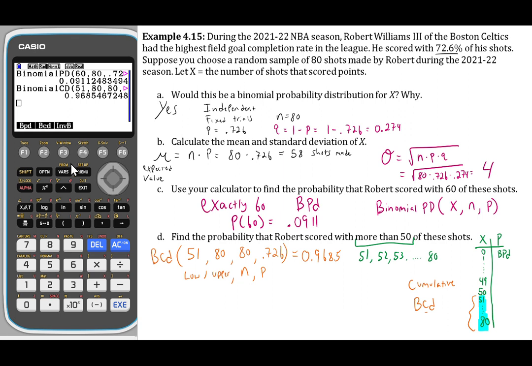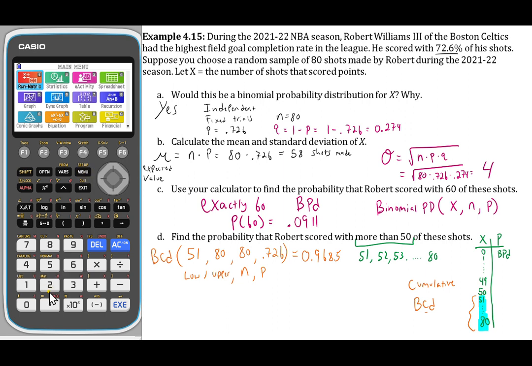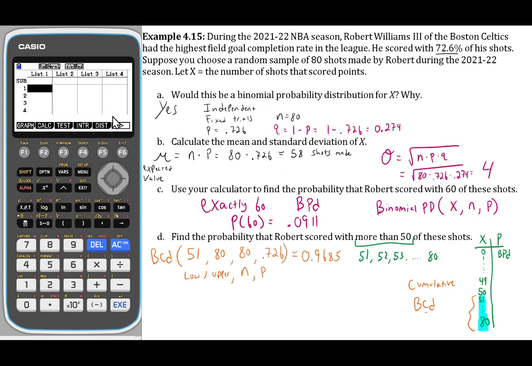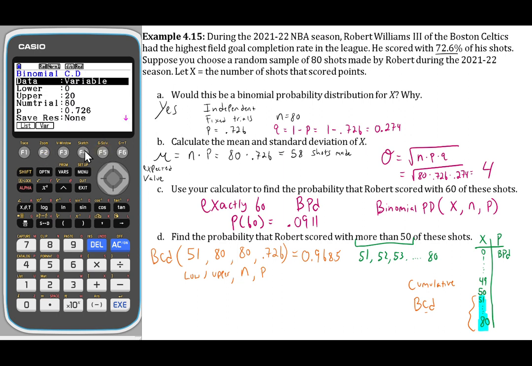The second way of accessing the binomial CDF is to use menu, option 2, bring up statistics, and it's just right on the screen here, F5 for distribution, F5 for binomial, and then F2 for BCD. Probably a little bit easier to use this one because it's going to ask you for these things in order.